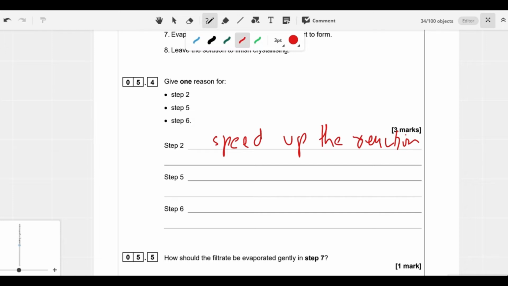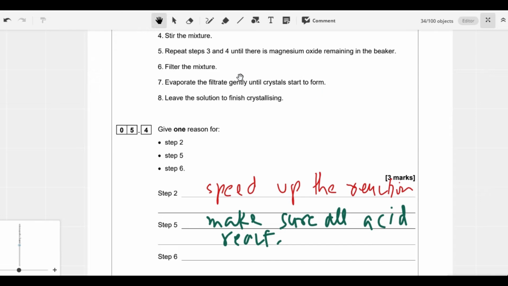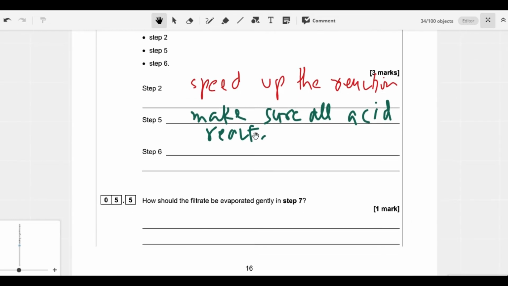And why step 5? To make sure that all the acid reacts completely. So that's why we have to repeat step 3 and step 4 until there is magnesium oxide remaining in the beaker, that is, the acid is completely used.